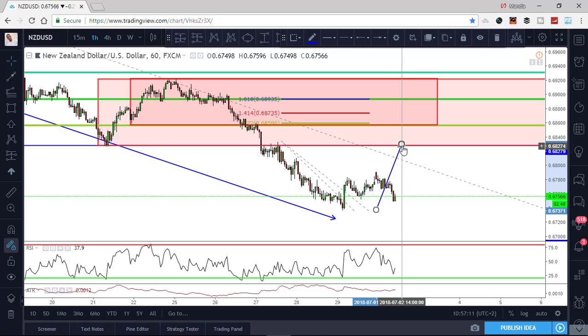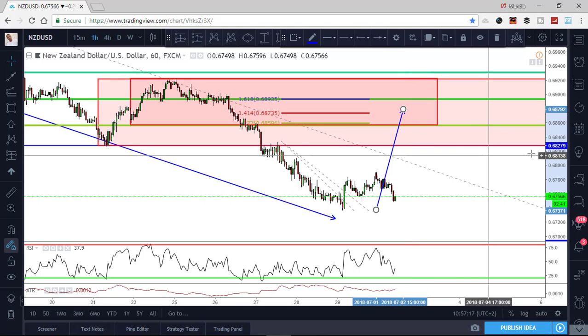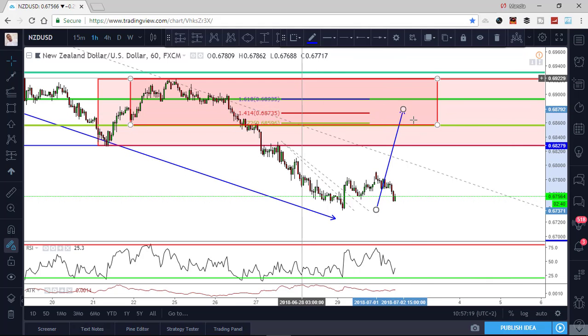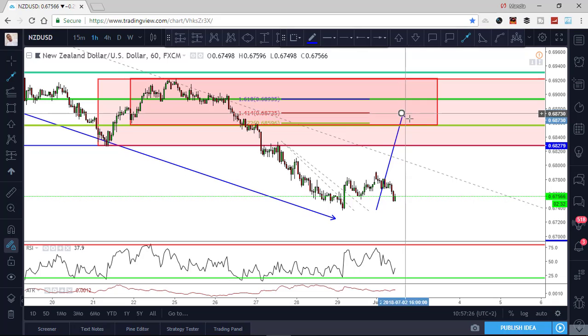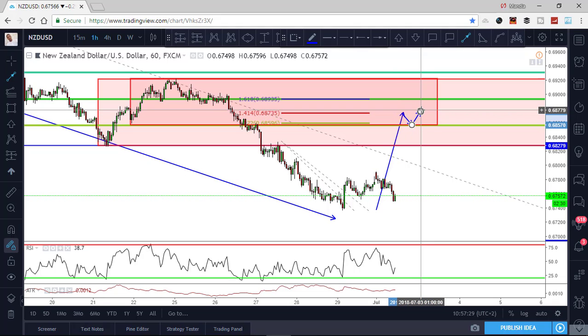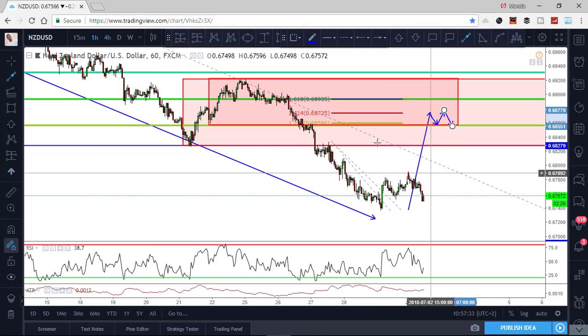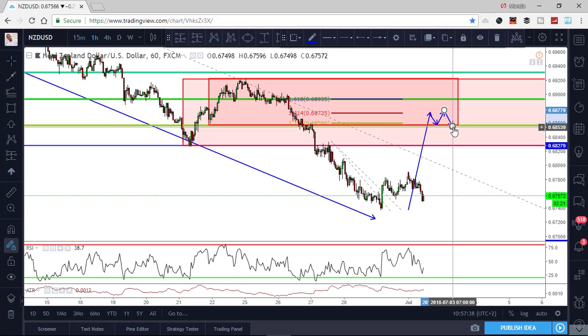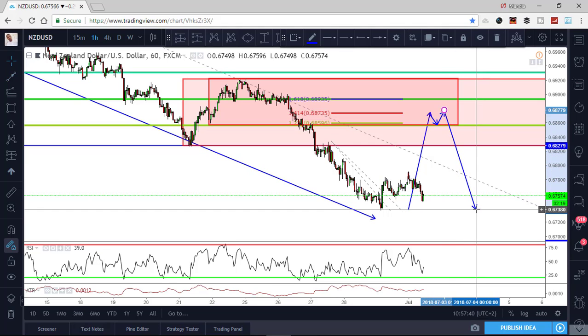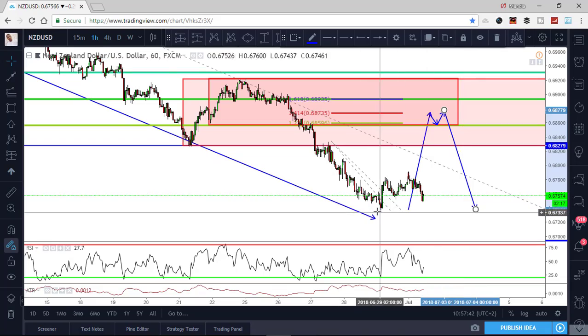So if price does eventually hit our kill zone right here, I'm going to look for a double top. Okay, I'm going to look for something like this, double top, then a lower low, lower close, in order for me to enter short on this particular trade. All right, then I'll be entering short in anticipation of a retest back down to this structure level.